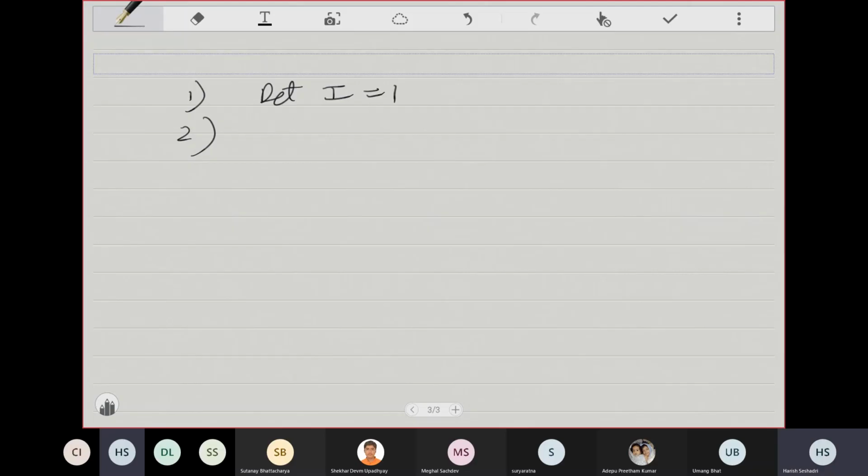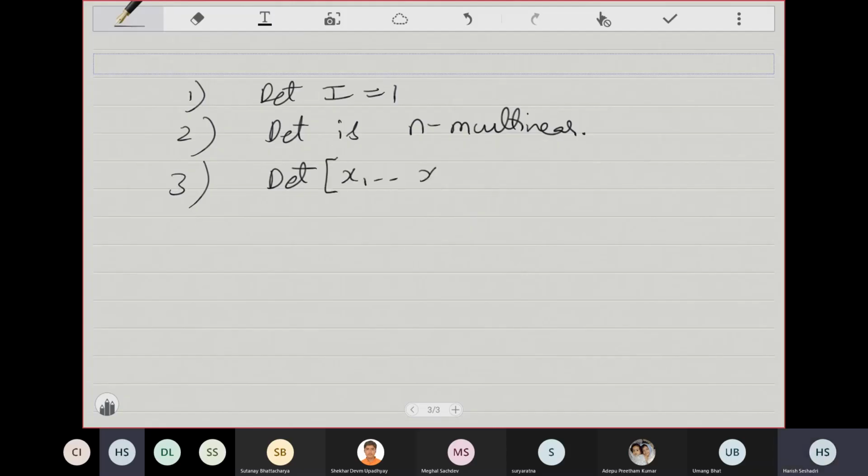Then the determinant is what is called n-multilinear. Oh, actually, I don't think I had proved it. I just stated it. I'll prove it now. The n-multilinear determinant of x1, ..., xn.